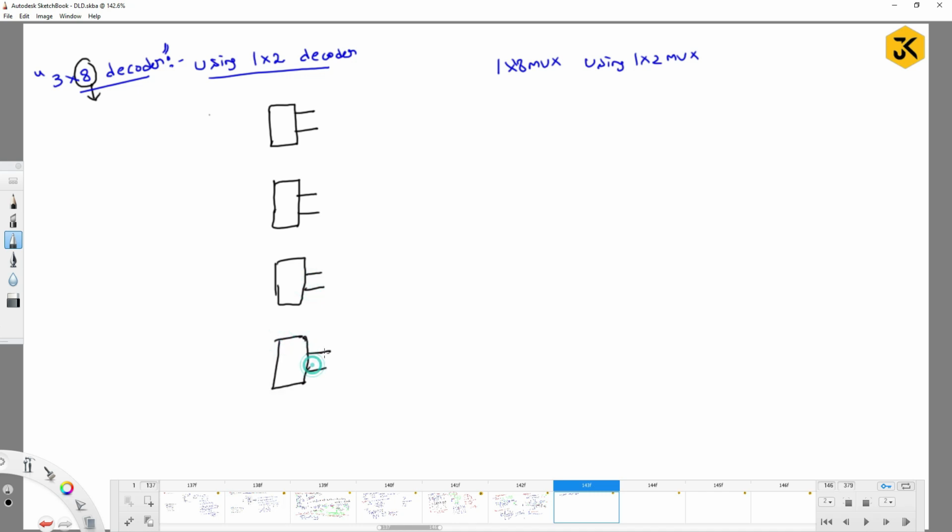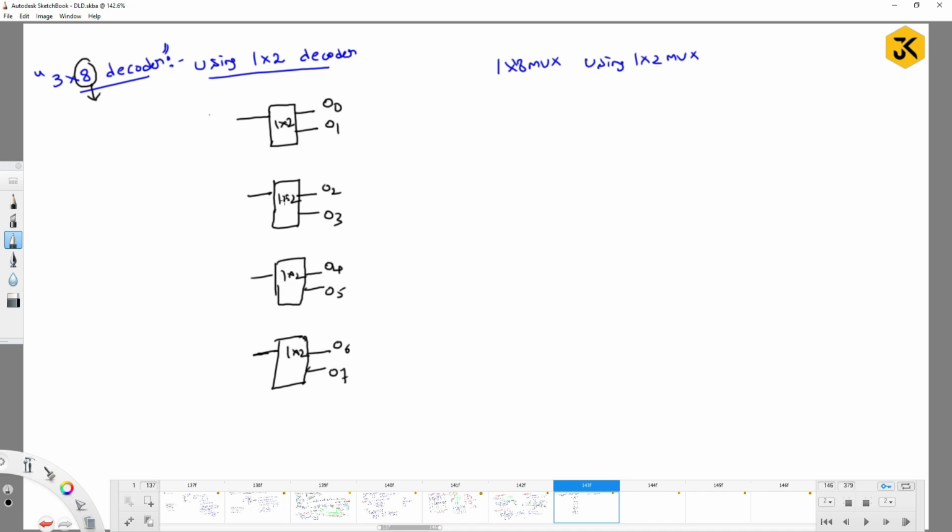Right? So, these are the various kinds of decoders. If I say this is O0, O1, O2, O3, O4, O5, O6 and O7. Here, for every 1/2 decoder, you are going to have one input. For the previous level, what did you require?